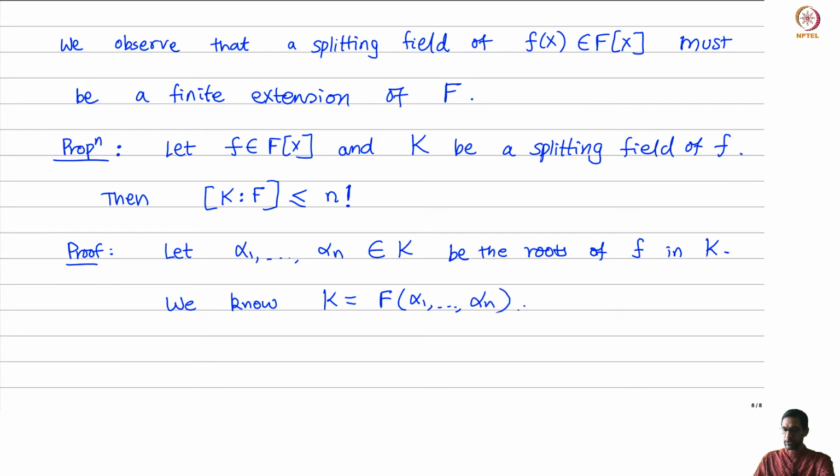Okay, so let's go in stages. Let's take the very first one of the alphas. So consider alpha 1 alone, and look at the extension.